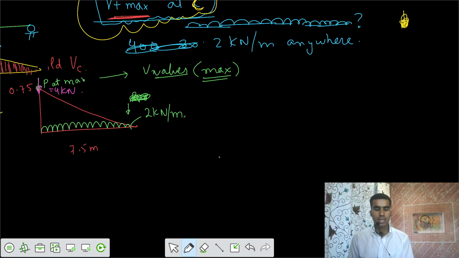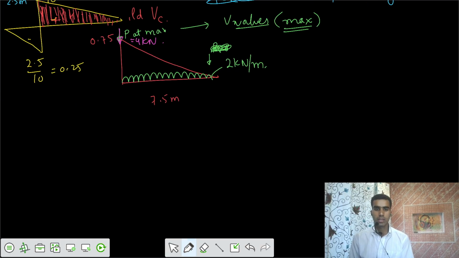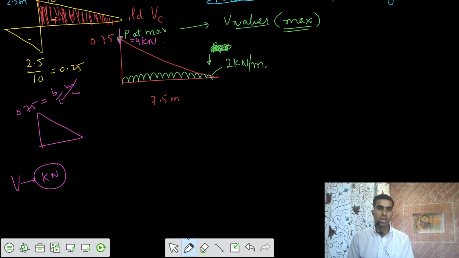So how do we calculate the total load effect? The ordinate of that shear force diagram is 0.75, but it is unitless. This is some sort of B by L, meter by meter. So it's unitless. To get the shear force in kilonewton, you multiply that ordinate with the force P kilonewton into the ordinate of 0.75, and you get a total unit of kilonewton.